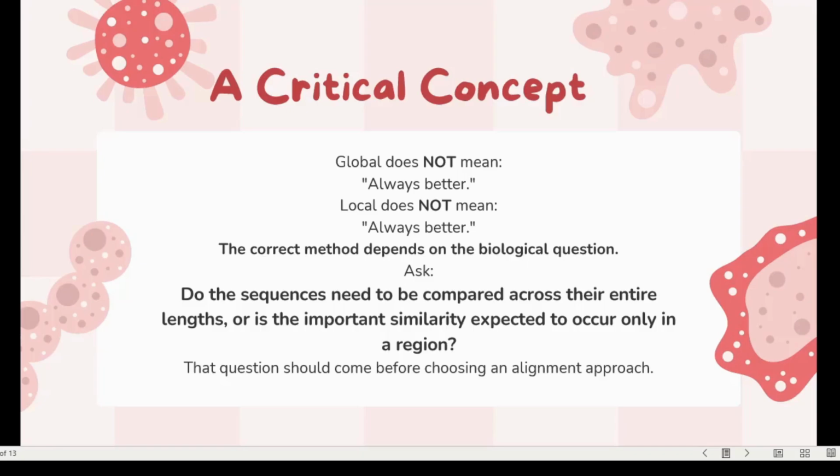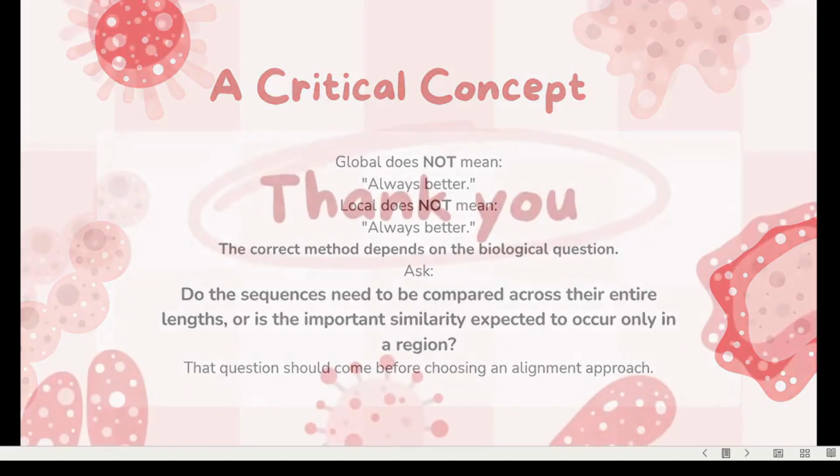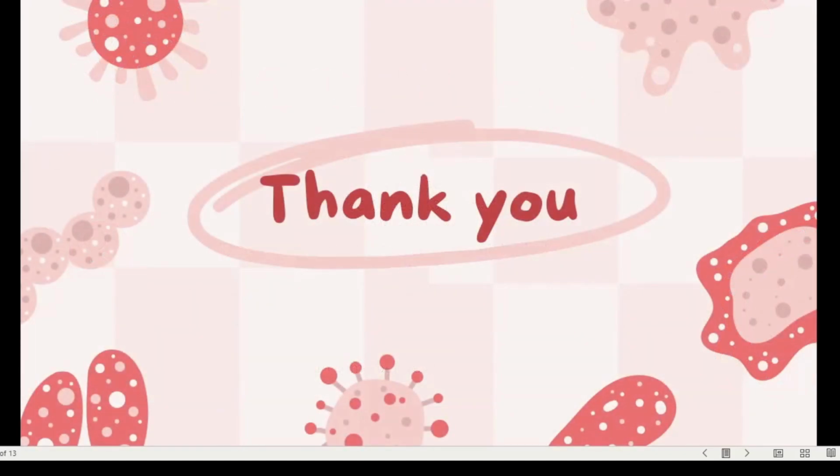We check whether we need to compare the entire length, or just find the similarity in a specific region. That question should come before choosing an alignment approach. So we can study this question and decide which alignment we should use. So this is module 3.1.